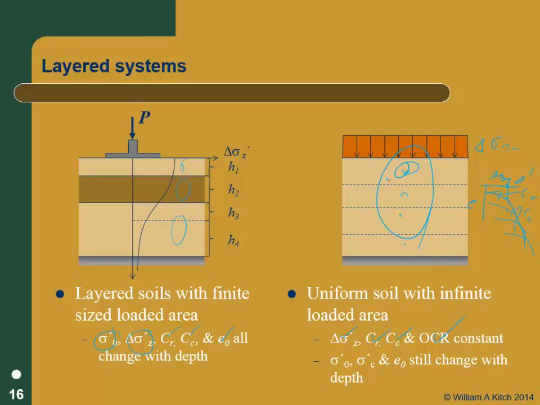And if you think about this curve, remember this curve, if I plot this curve in arithmetic space, it's just getting stiffer all the time, right? If this is a plot of strain versus sigma prime, it just gets stiff.